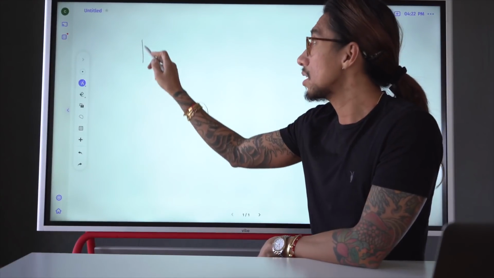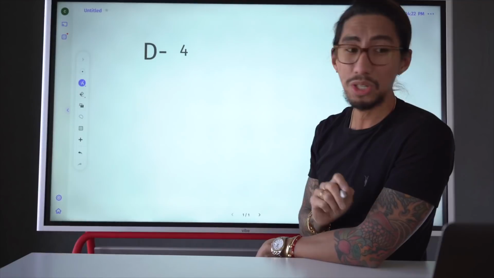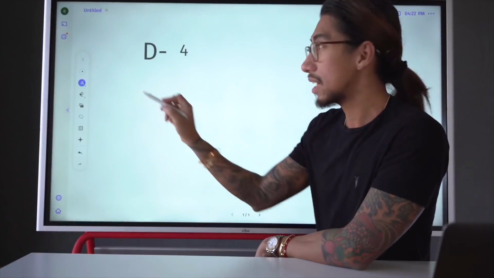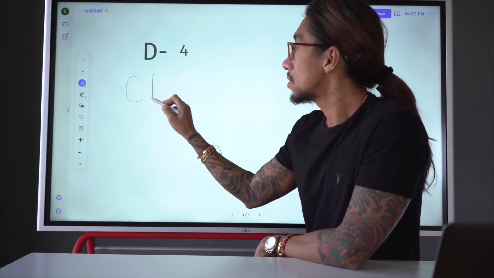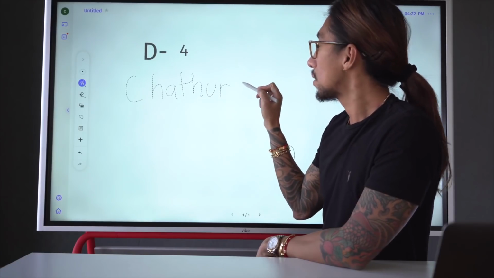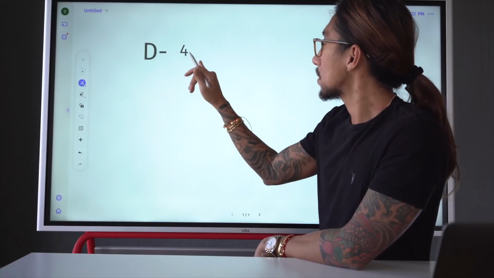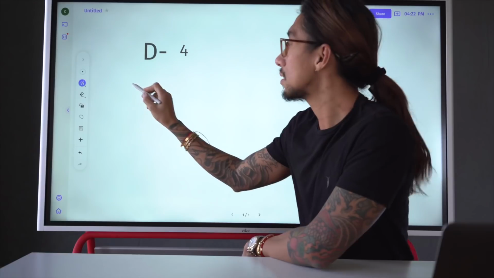The chart that you need to look at is the D4, which is called the Chaturthamsa.